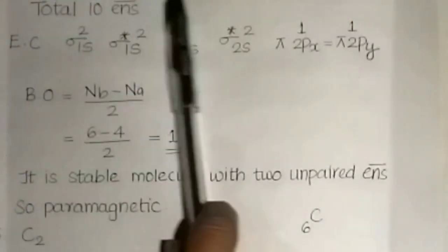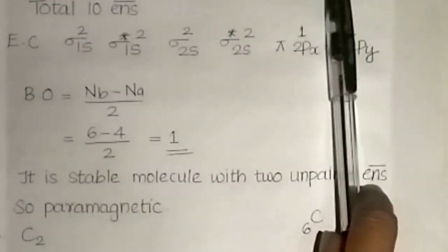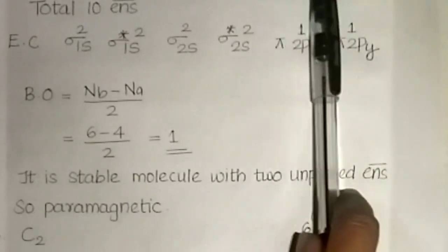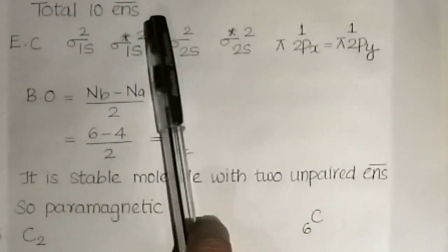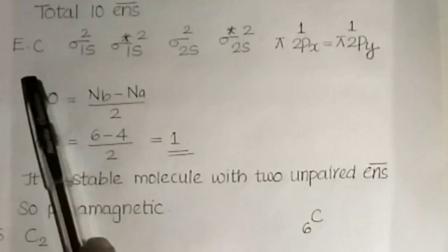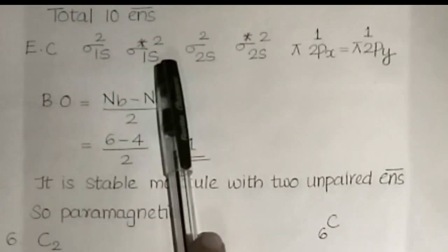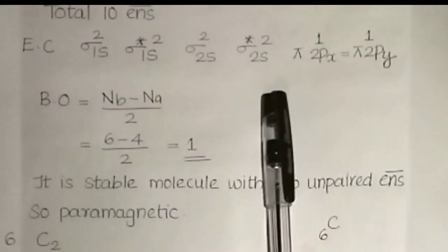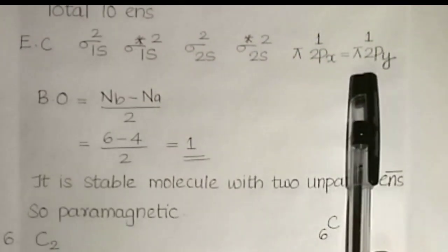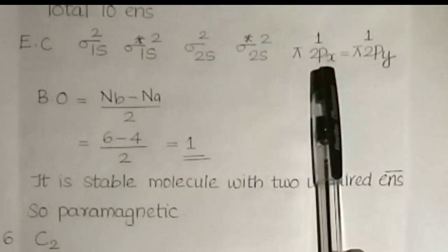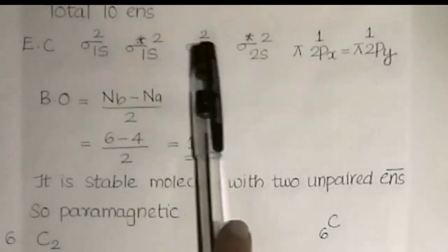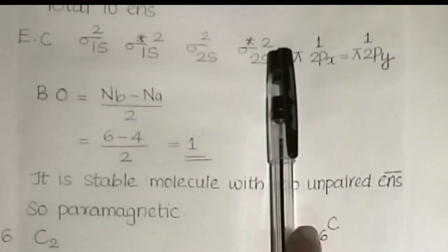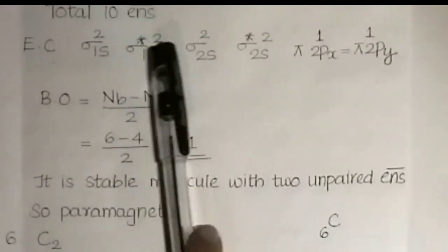Next one is the boron molecule, B2. Boron atomic number 5, so total number of electrons 5 plus 5, 10 electrons. Electronic configuration is sigma 1s2, sigma star 1s2, sigma 2s2, sigma star 2s2, pi 2px equal to pi 2py. That consists of 2 plus 2 plus 2 plus 2, total 8 electrons are over, remaining in our hand 2 electrons.